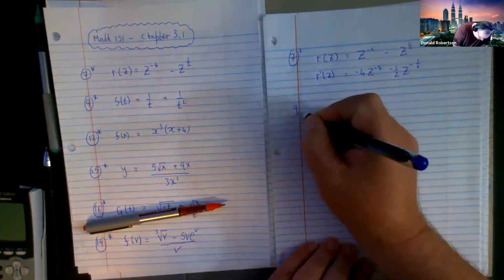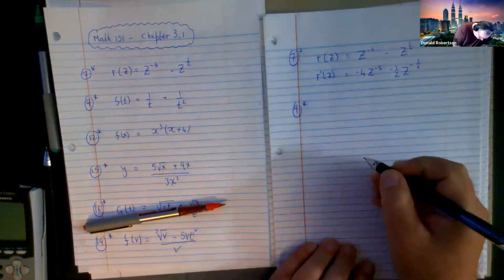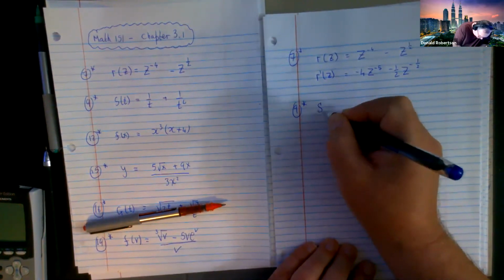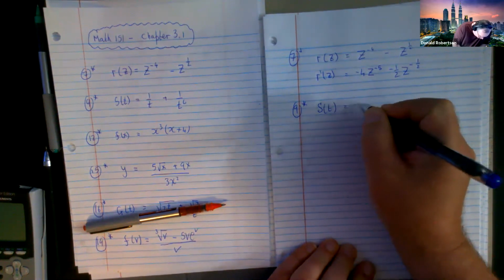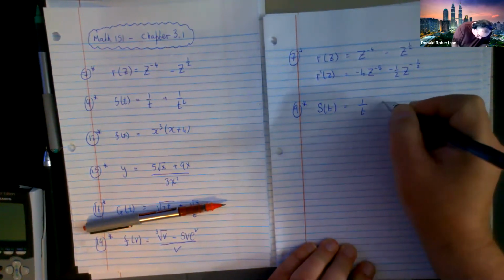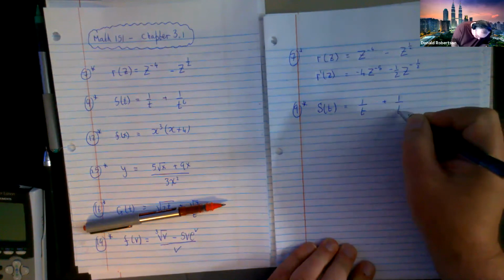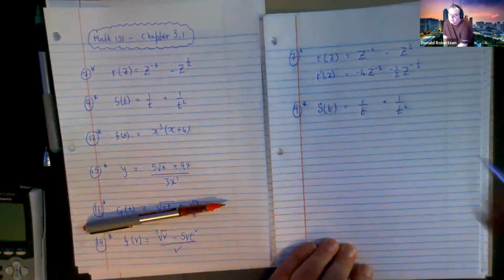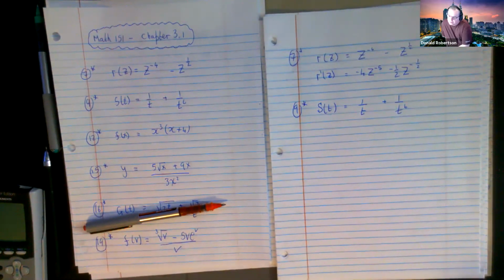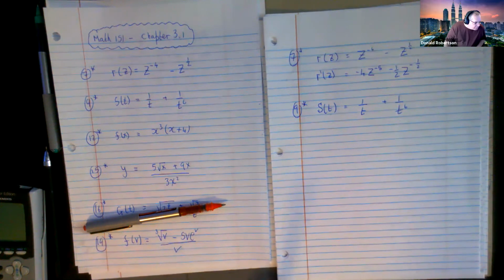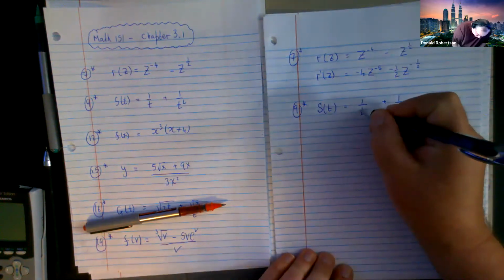Next one is a bit like question 9. s of t equals 1 over t plus 1 over t to the 6. Do you recognize that this question does need to be fixed? You have to write it in a new way so that we can do the power rule on it. To use the power rule, things have to be written as powers.